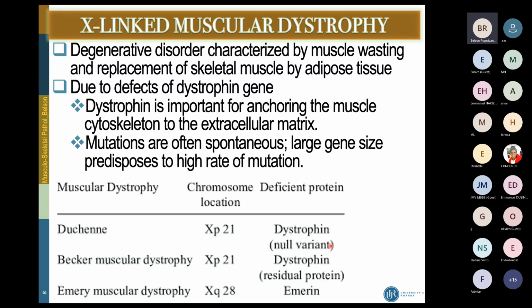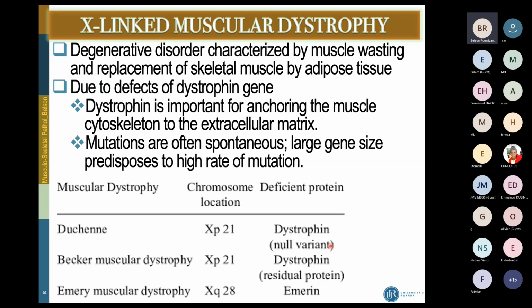So this is a degenerative disorder characterized by muscle wasting and the replacement of skeletal muscle by adipose tissue, as I was showing there. But there it was atrophy because it was just some few fibers which were replaced by adipose tissue. But in this X-linked muscular dystrophy, almost the whole muscle will be affected or will be replaced by adipose tissue.